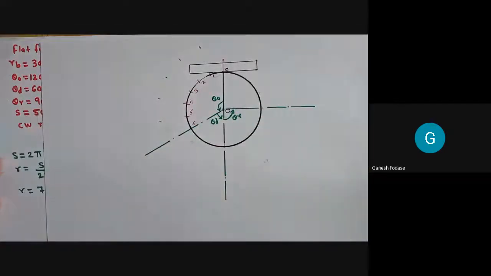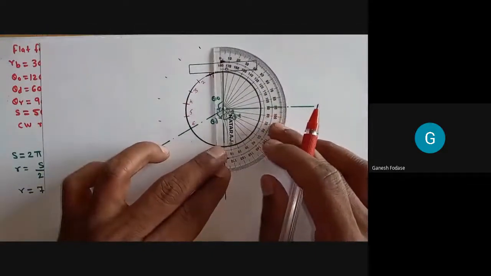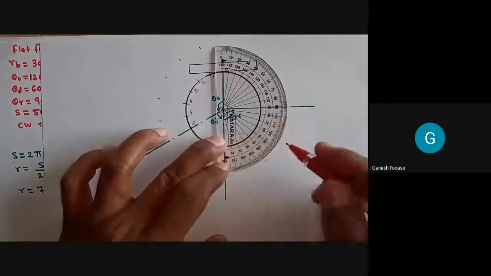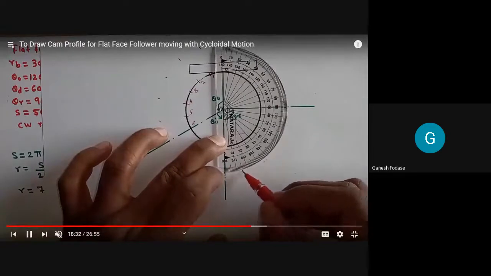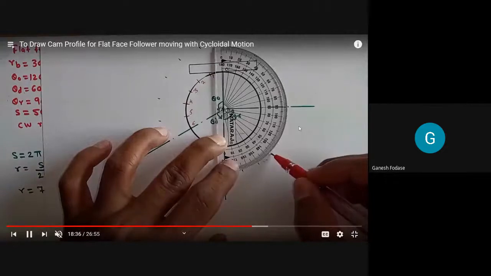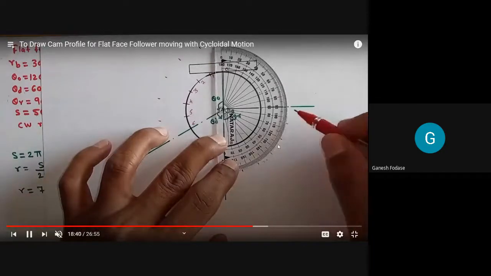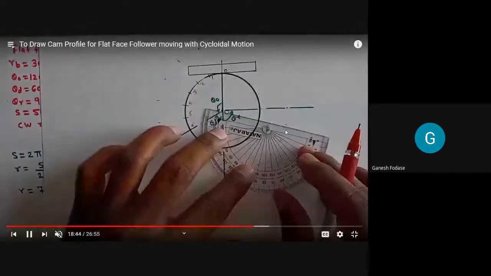Now to get the follower axis, we need to join them with the cam center. Okay, before joining, we just divide this into the return stroke also. Here also we have to take 6 parts. As the angle is 90 degrees, each division is equal to 15. You can see 15, then 30, 45, and so on, 60 and so on.